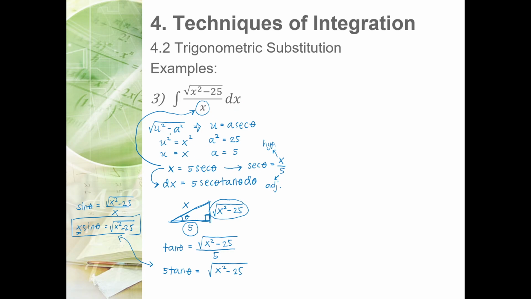The x parameter is replaced with 5 secant theta, so there's no more x in the denominator. If you try to replace it with sine theta, x comes back in the numerator, and the substitution is not finished. You will discover this once you try solving it on your own.